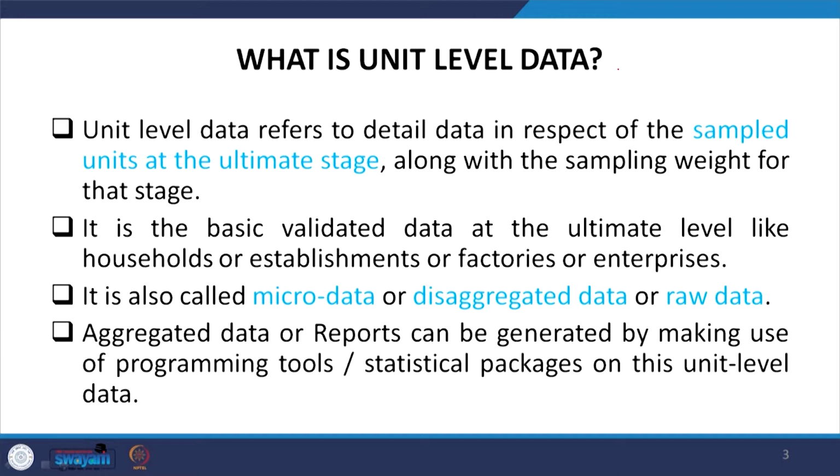Whereas if the survey is directed purely at understanding enterprises and their relationships and characteristics, the unit is actually the enterprise or factory. It is also called micro data or disaggregated data. And as I already mentioned, this is called raw data.